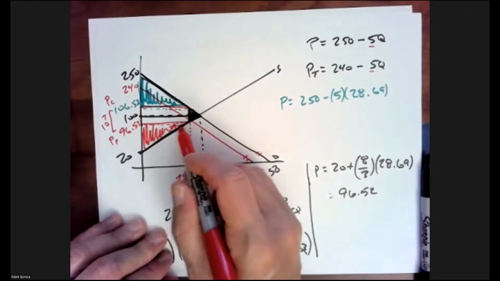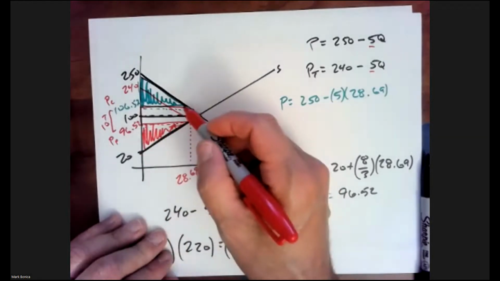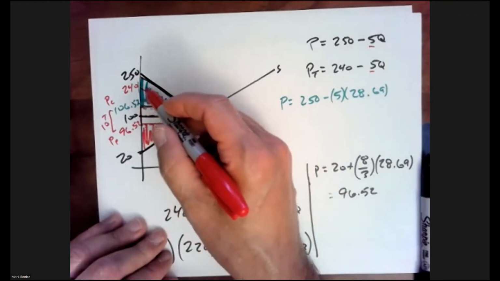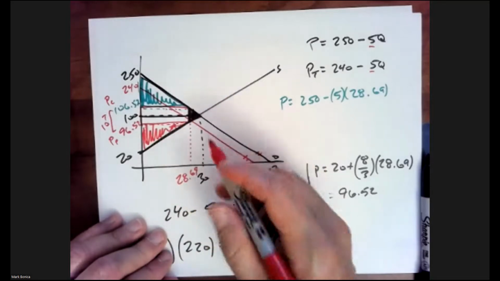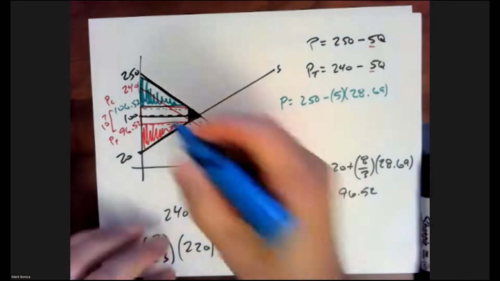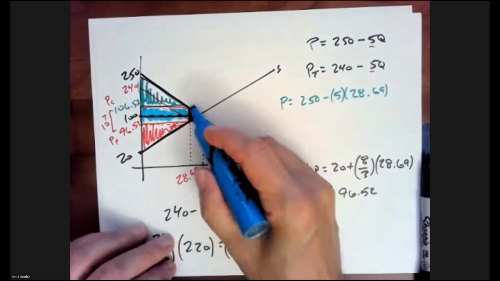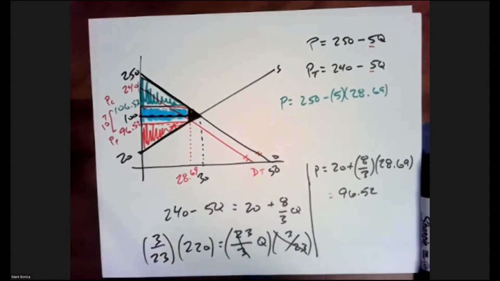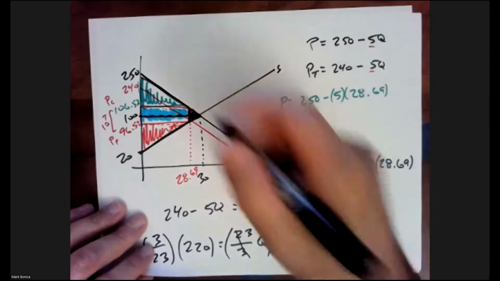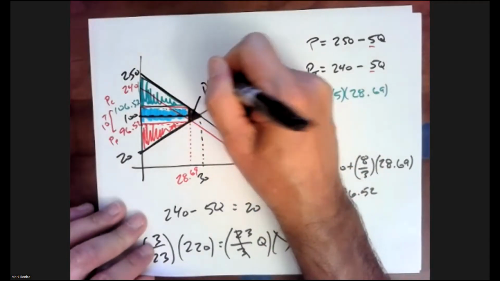Below the tax price, above the supply curve, above the tax price, but below the demand curve. And then the government gets its taxes. And this wedge here is just lost. And so that's our dead weight loss.